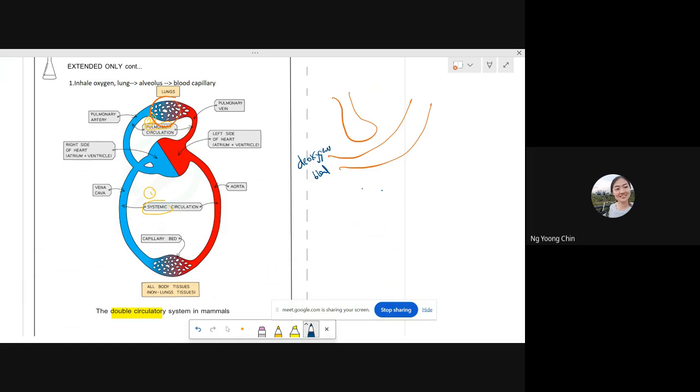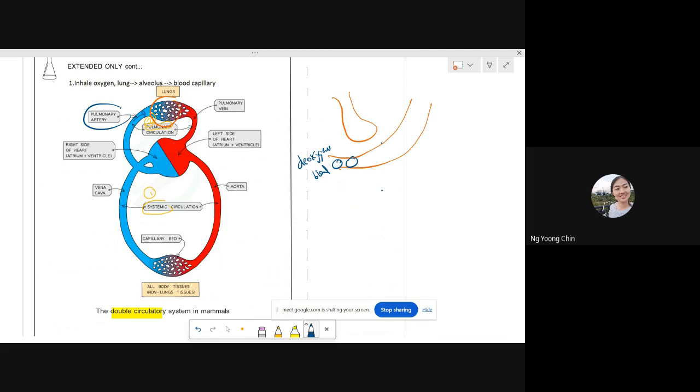Imagine this is the deoxygenated blood just pumped out from the heart.